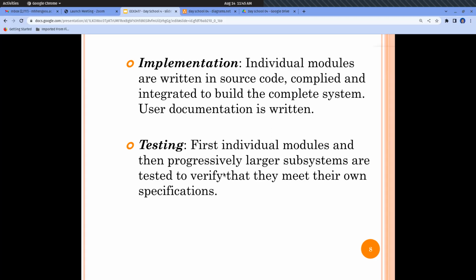Then, if the new system fails, remove the new system. If the new system is okay, the old system should be removed.